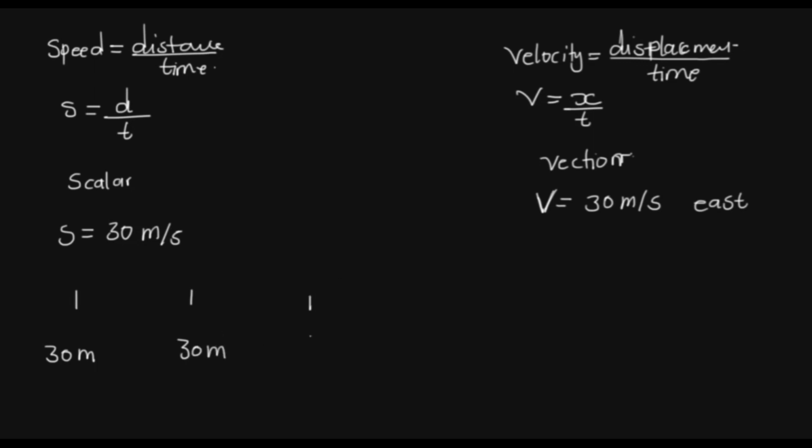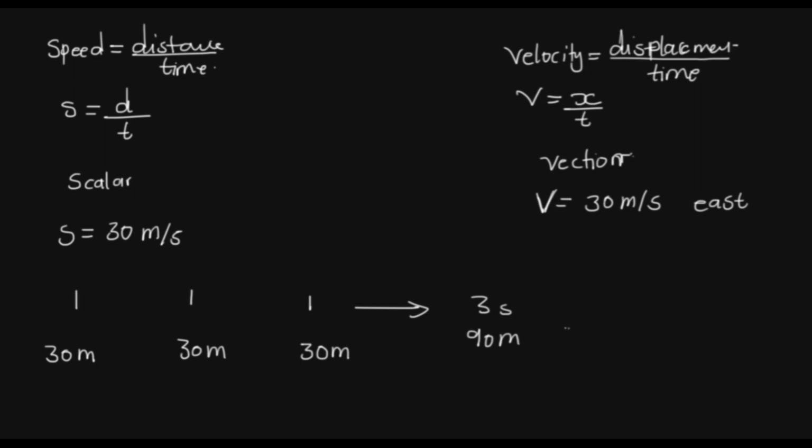Another second, another 30 meters. So after 3 seconds, we are expected to cover a distance of 90 meters. Therefore, the velocity or the speed tells us how fast an object is moving, or how much distance or displacement is being covered in a certain time.